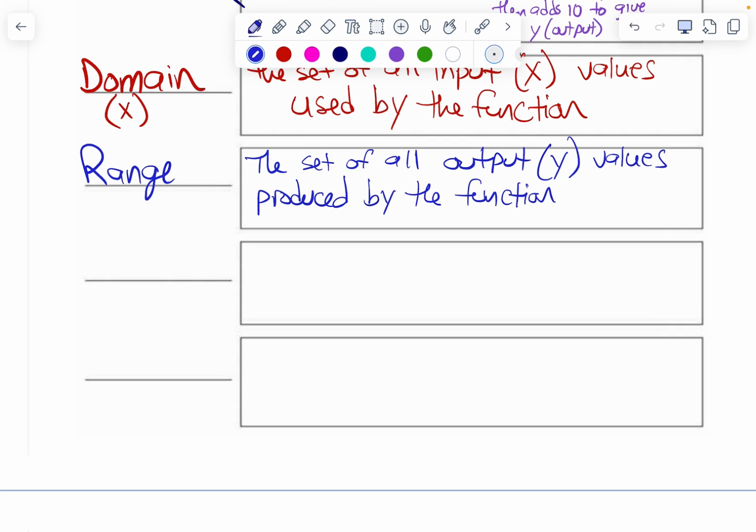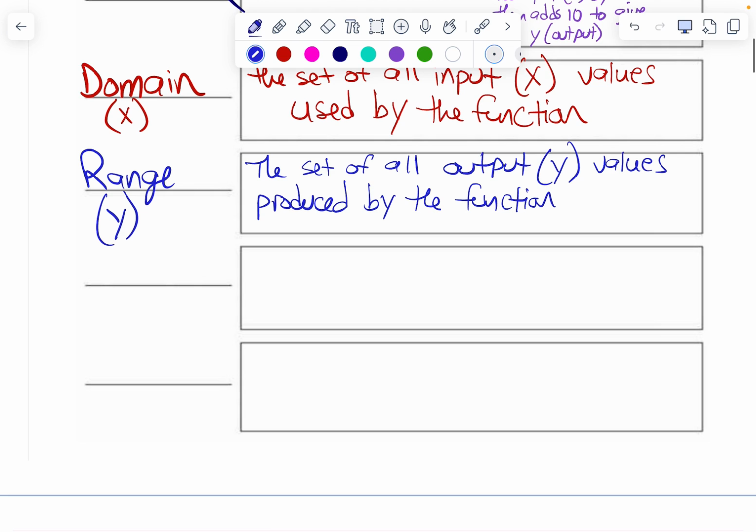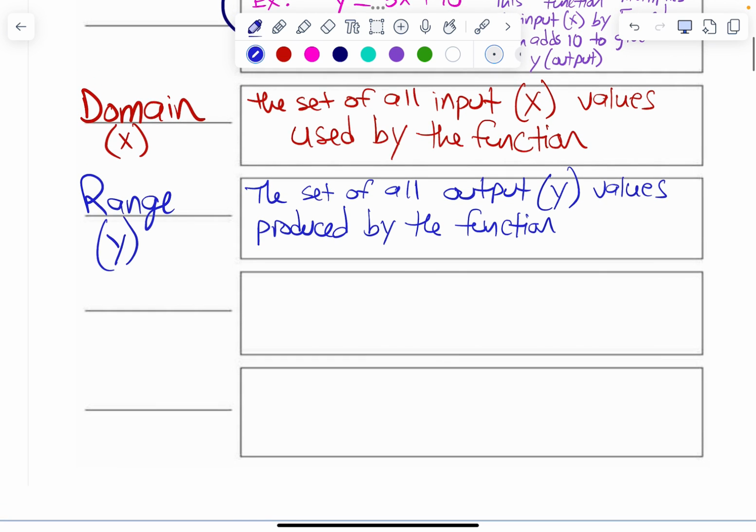It's pretty neat. So underneath range, put a y. We'll talk more about these. Obviously, we'll get into writing them out and stuff. But just know that these are intervals. Interval notation for both.